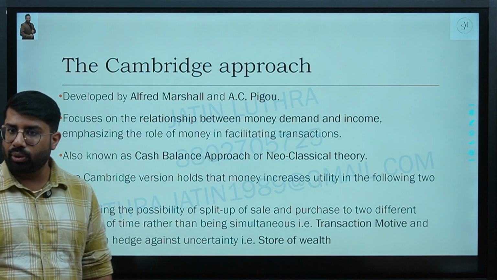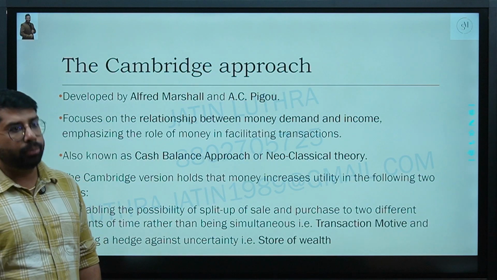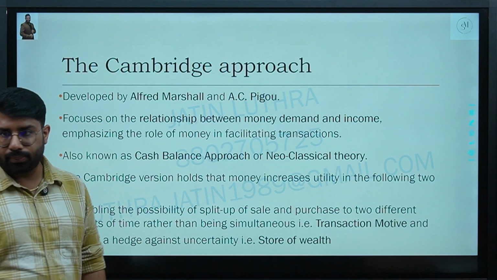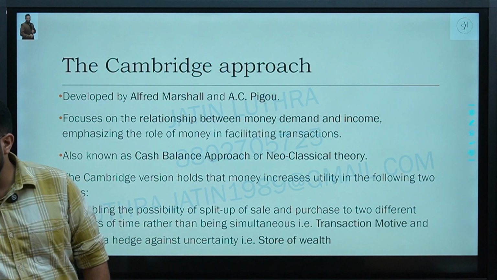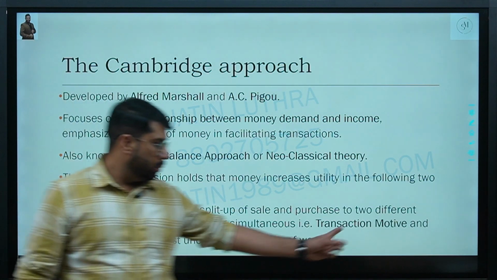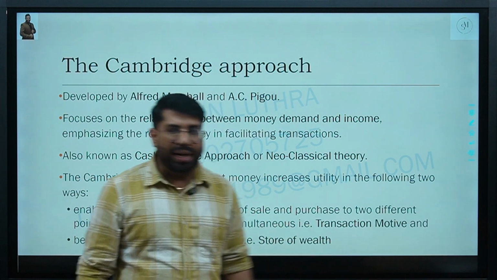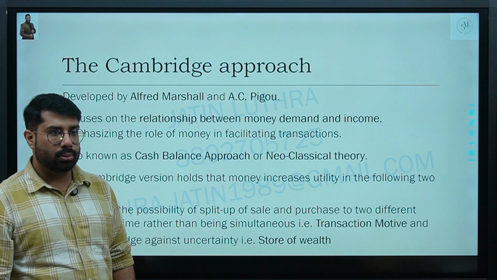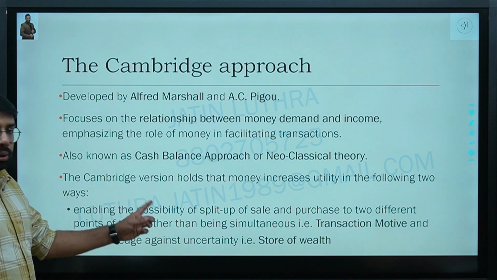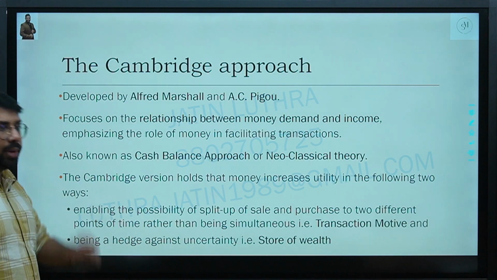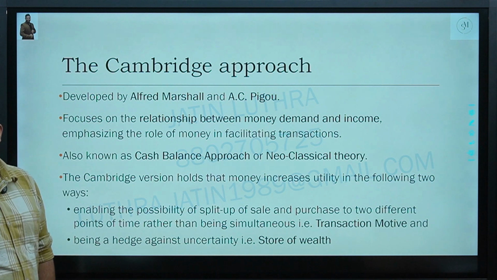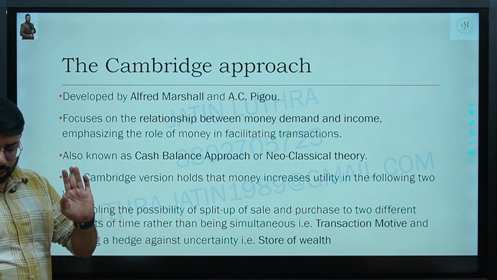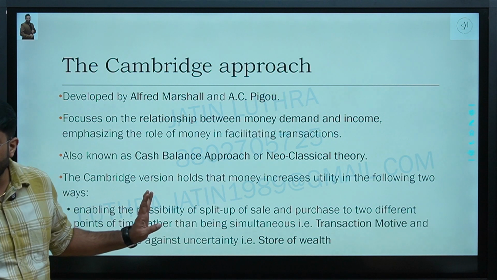Shall I make it simple for you? With money, you can do 2 things. First, transaction, and second, saving, storing the wealth. First is transaction, second is saving. Are we clear? That is the easiest possible way to understand it.